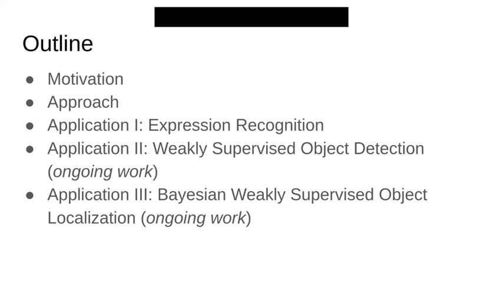One for expression recognition, one for weakly supervised object detection, and one for Bayesian weakly supervised localization. While the first application is work that has already been published, the second and the third are ongoing work, so I won't present much about results, but I think it's still interesting to see.